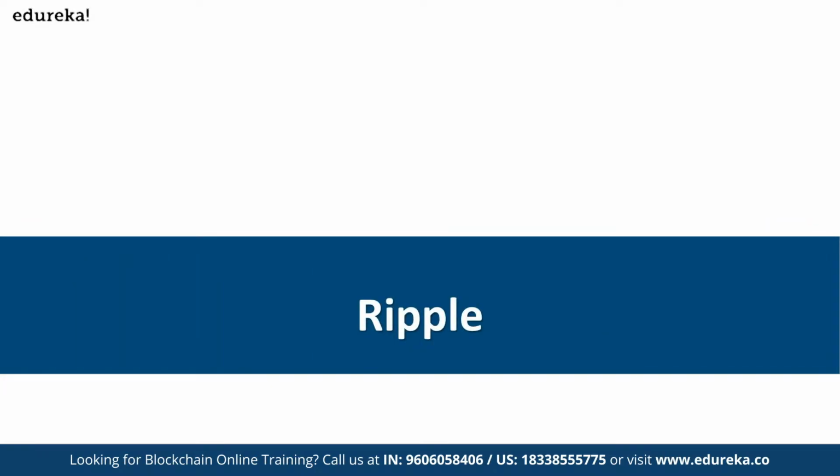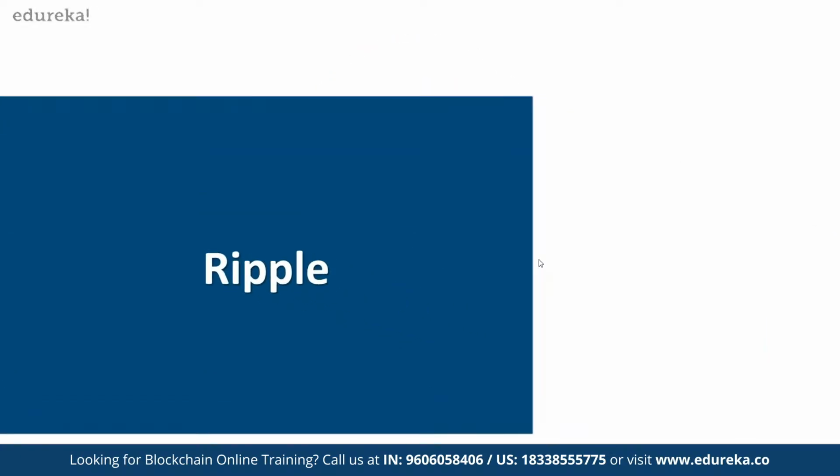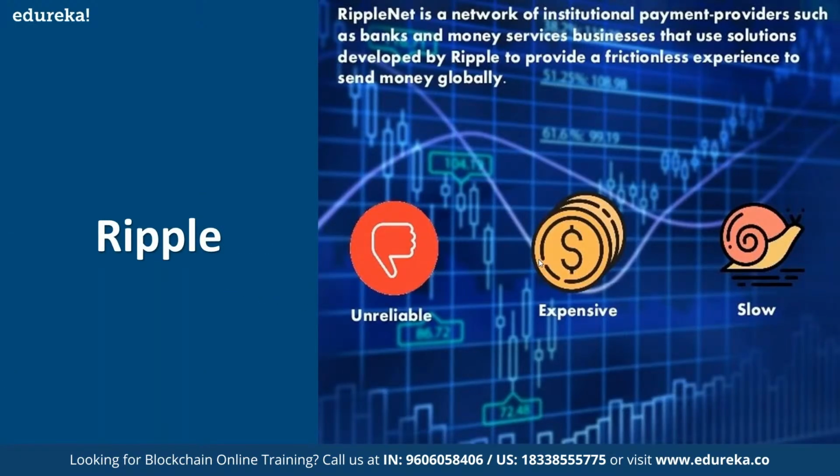And we've got Ripple. Ripple is also a service. RippleNet is actually a network, yes, a network of institutional payments, guys. It is a decentralized global network of banks and payment providers.